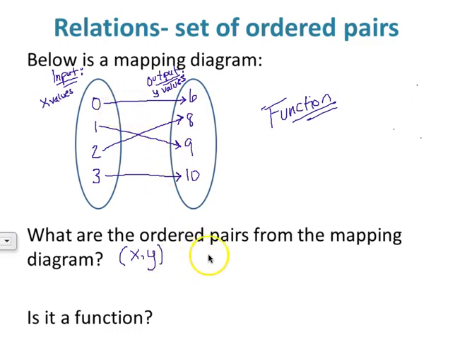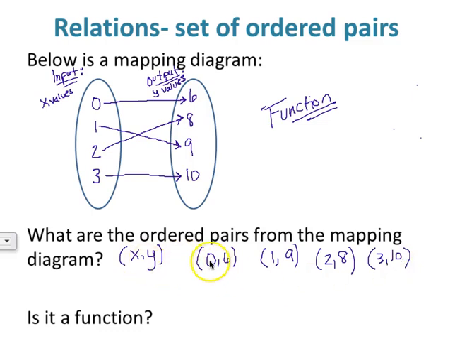So now let's put together all of our ordered pairs from this mapping diagram. 0 goes with 6, so our coordinate would be (0, 6). Our next point, 1, is related to 9, so the input has an output of 9. And then we keep going: 2 has an output of 8, and 3 has an output of 10.